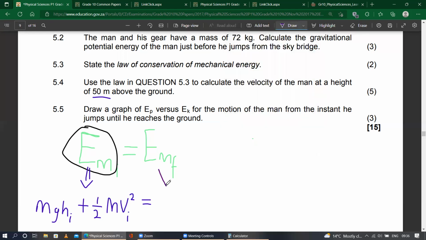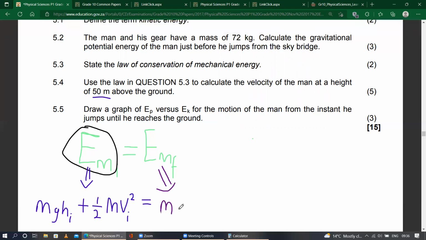This is going to change into mgh final plus 1/2 mv squared final.